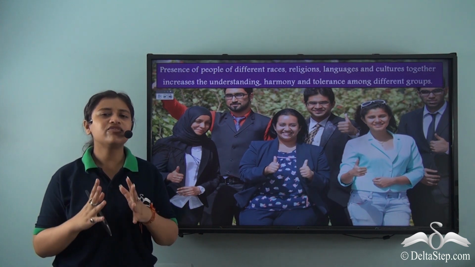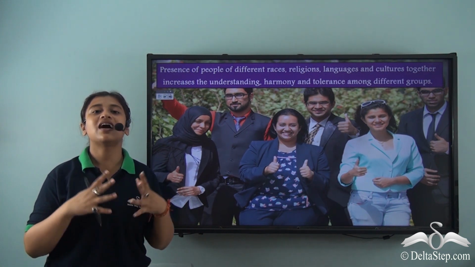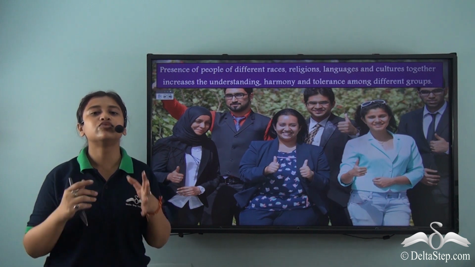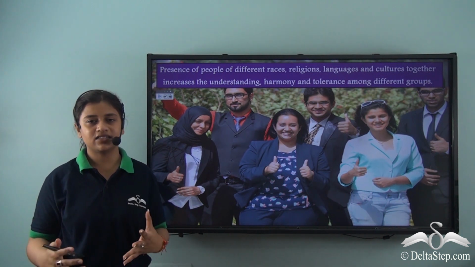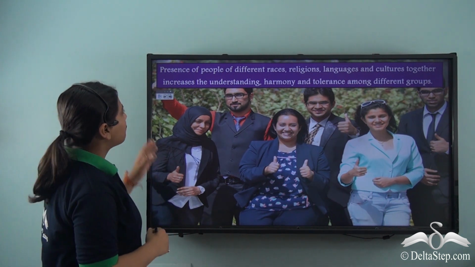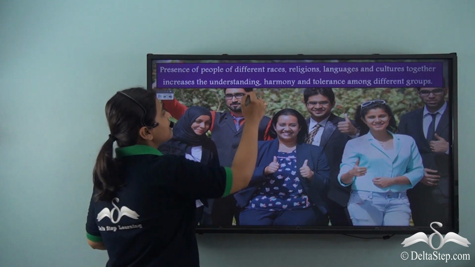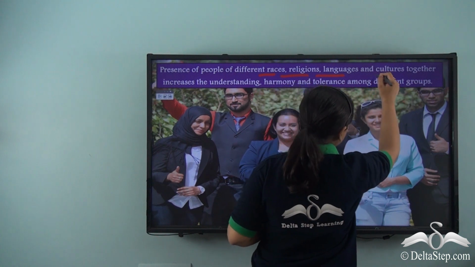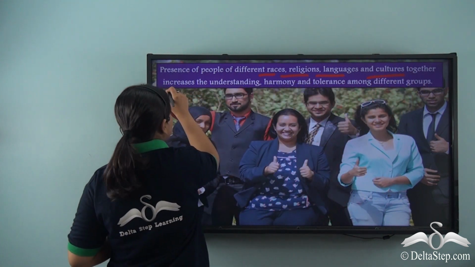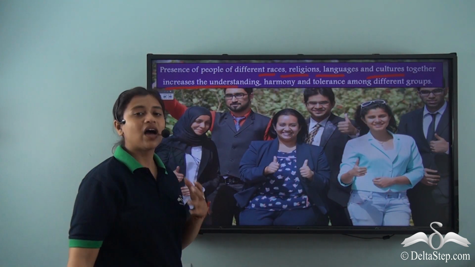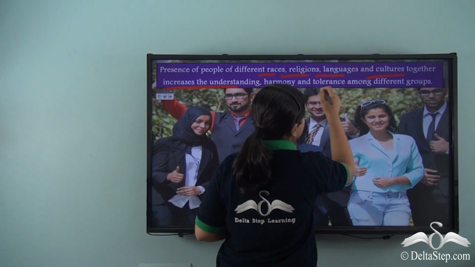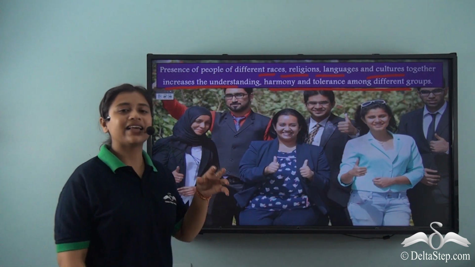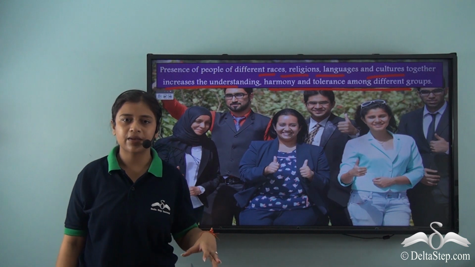But we cannot forget that migration helps us understand that there's more to unite us than to divide us. In other words, the presence of people of different races, religions, languages, and cultures together increases the understanding, harmony, and tolerance among different groups that exist across the world, right?